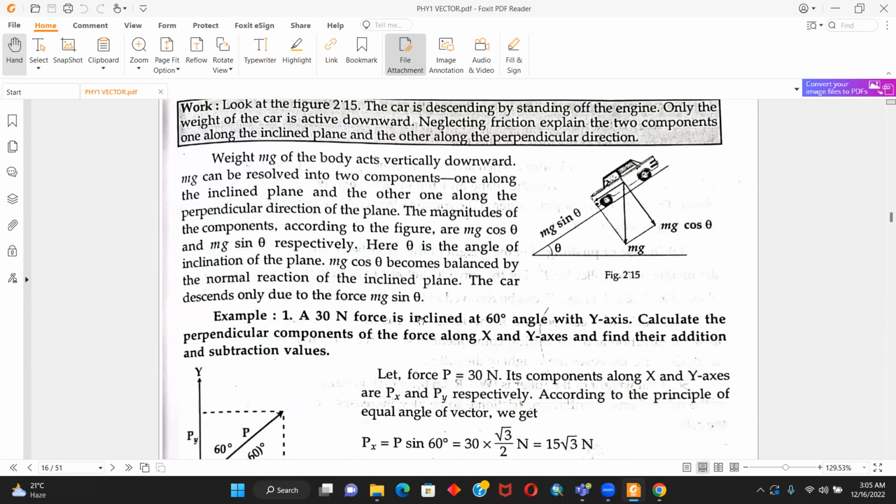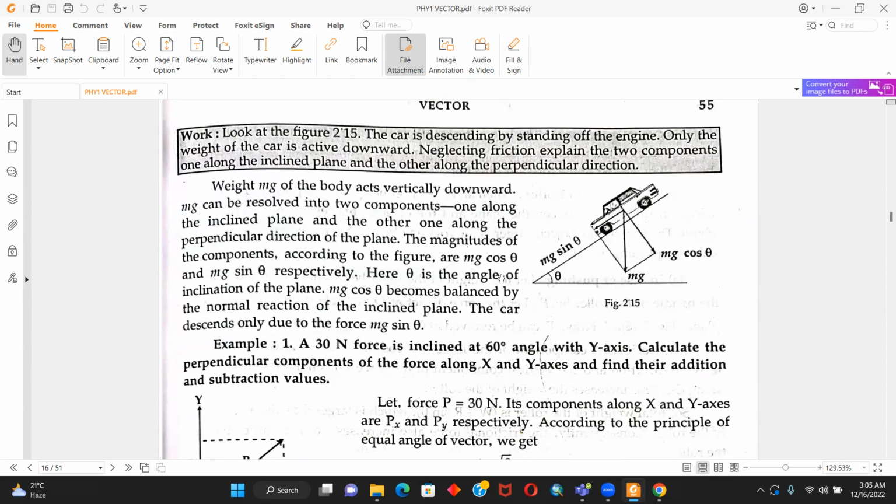So if you would see a 30 Newton force and then the angle between y-axis and that force is 60 degrees. So if we try to draw it, it will be something like, this is x-axis, this is y-axis, and then it's somewhat around 60 degrees, which makes this 30 degrees, and this is 30 Newton.